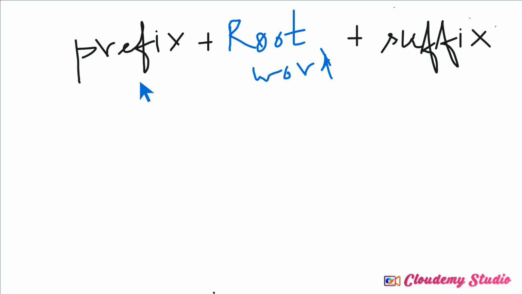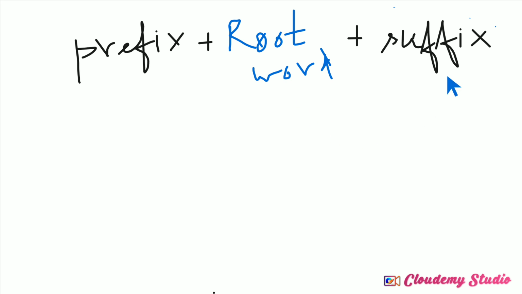The prefix denotes the location of the substituent, and the name of the substituent. And the root word denotes the number of carbon atoms in the main chain, that is the parent chain. That will be the root word.